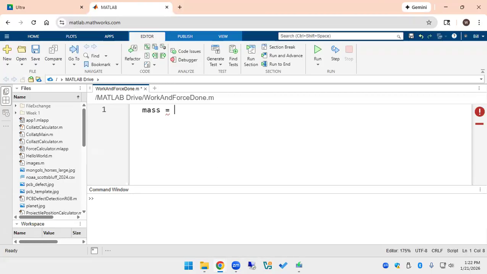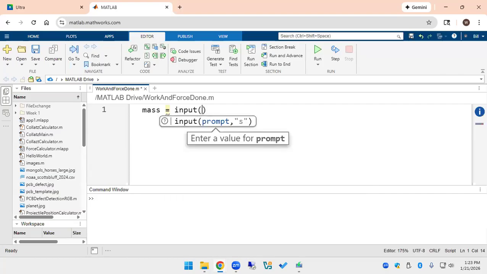If they have a formula here that says something equals something, you flip it over and you assign the calculation to the variable. In this case, what are we going to use to get mass from the user? What's our command? Input. Input, exactly, Mente. And in here, it even says, enter a value for the prompt, and it shows you that it wants double quotes, because the prompt is text.